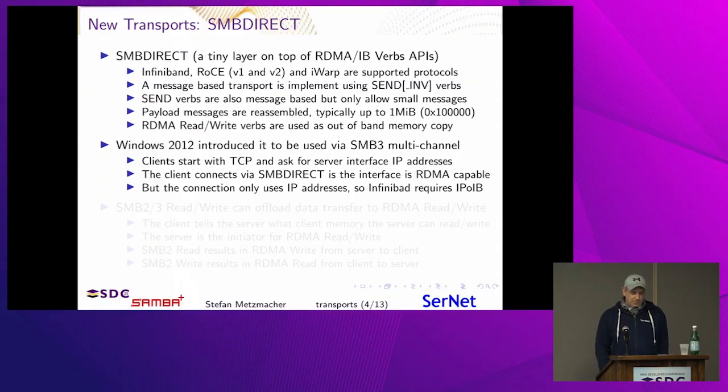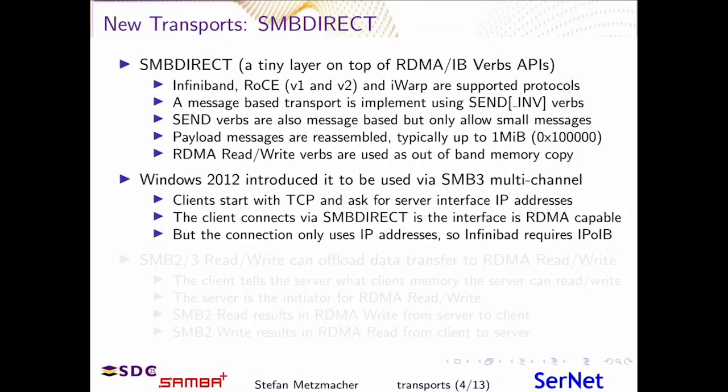It was basically introduced in Windows 2012 together with multi-channel support, and typically the client starts with a TCP session, asks for the server IP addresses and interface details, and then if it finds interfaces capable of RDMA, it then connects to that interface via RDMA. And yeah, it only uses IP addresses. So for raw InfiniBand, it requires IP over InfiniBand.